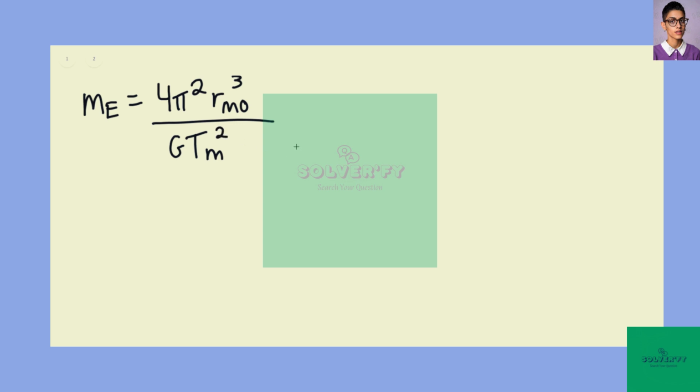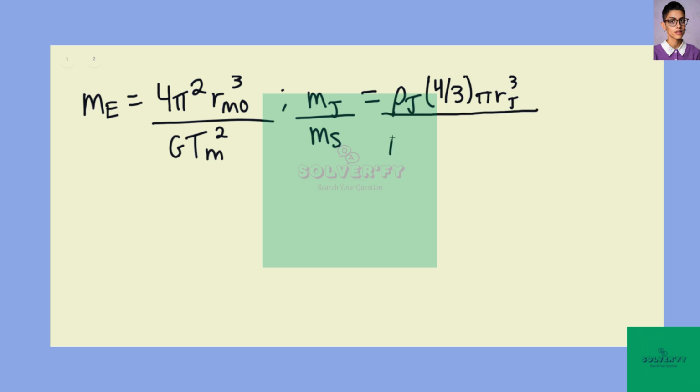So at this point, we can solve and say that the ratio of the mass of Jupiter to the mass of the Sun will equal the density of Jupiter times 4/3 pi times the radius of Jupiter cubed, divided by the density of the Sun times 4/3 pi times the radius of the Sun cubed.